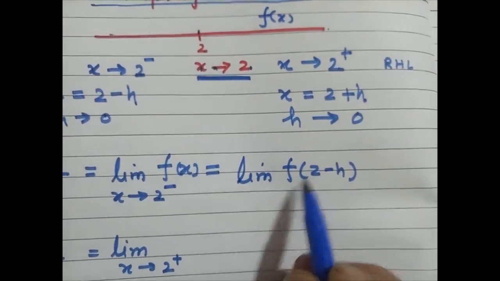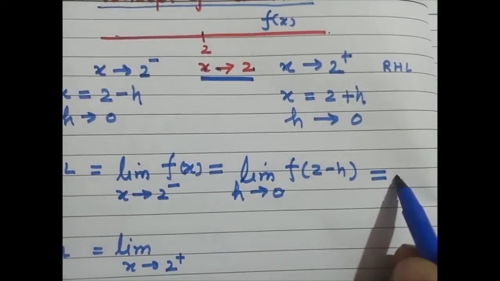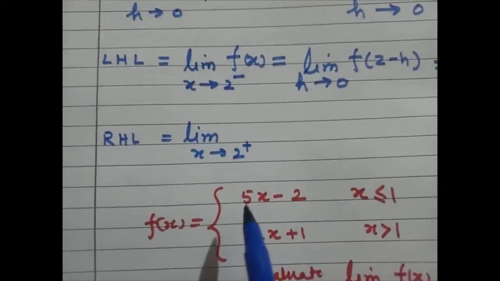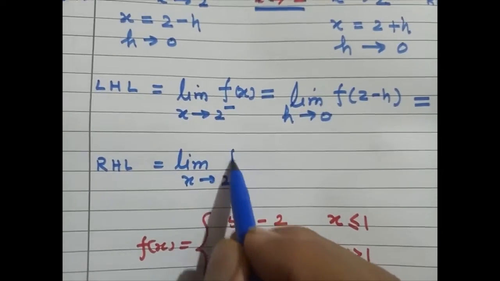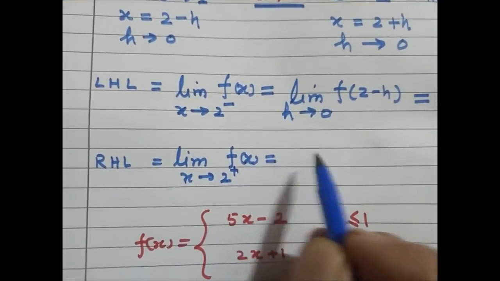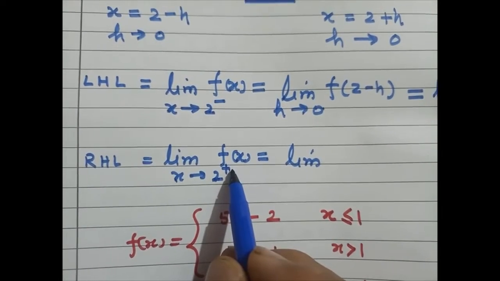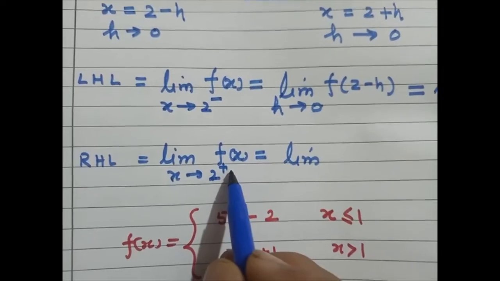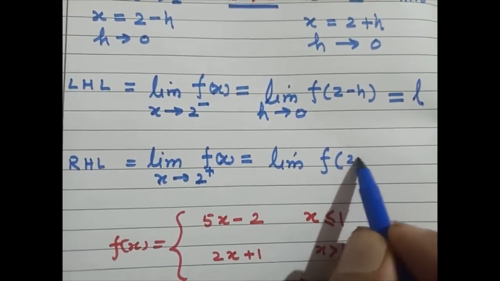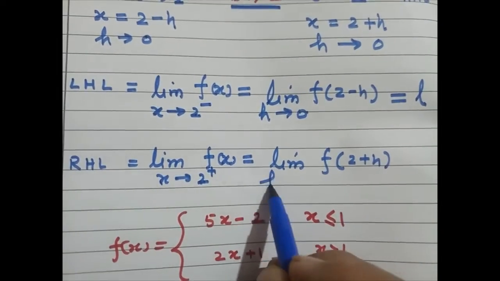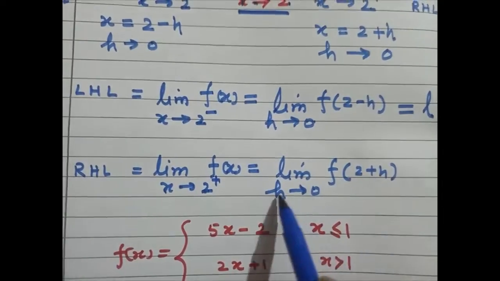The limit also changes as h tends to 0, and we get the value of this here. For the right hand limit, we write limit x tends to 2 plus, and the function here. Now the value of x is greater than 2, so we suppose the value of x as 2 plus h, slightly greater than 2. So in place of x we put 2 plus h. And h tends to 0. So the entire expression has h only, no x now.